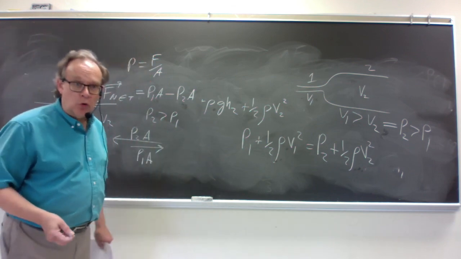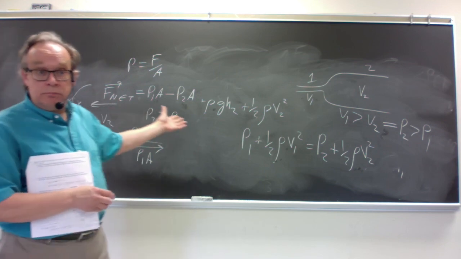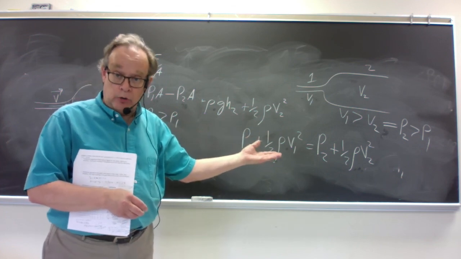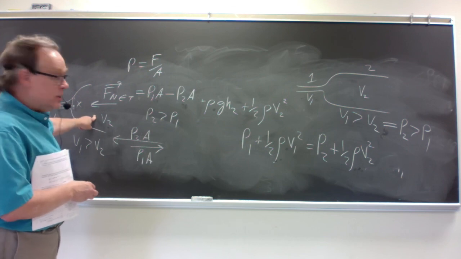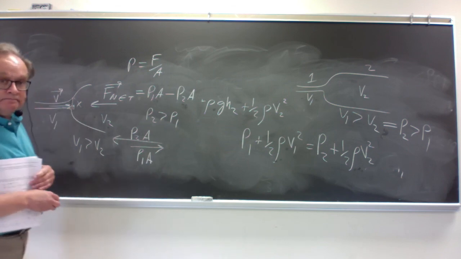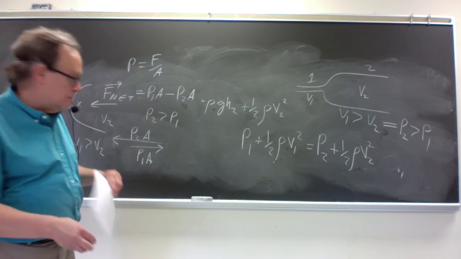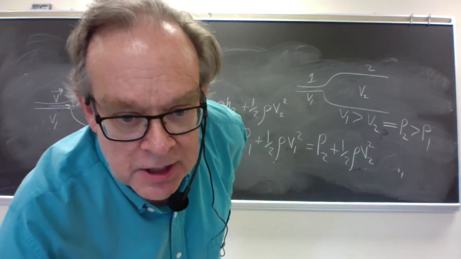And that backward force is what made the water change its velocity, slow down. It's going faster here. It got slowed down by the time it was here because in this region, it was feeling a backwards net force. And much more of this to come in class.